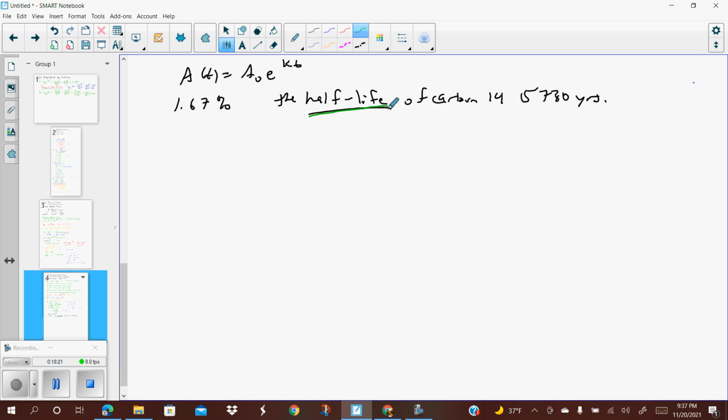So what we're going to do is we're going to say, okay, what I know is that A of t equals a sub 0 e to the some growth rate, or in this case, a decay rate, and I don't know what that is. But what I do know is that it's going to take 5,730 years to get to half of the original amount.